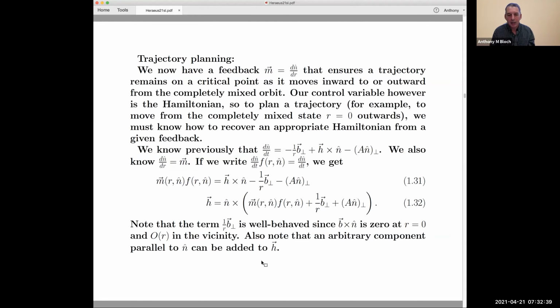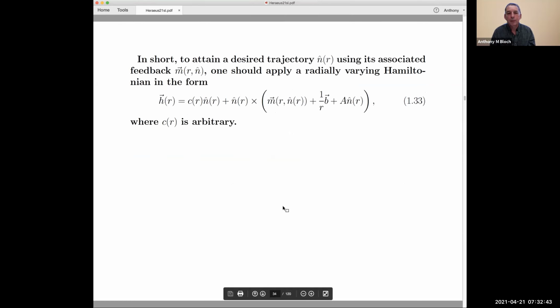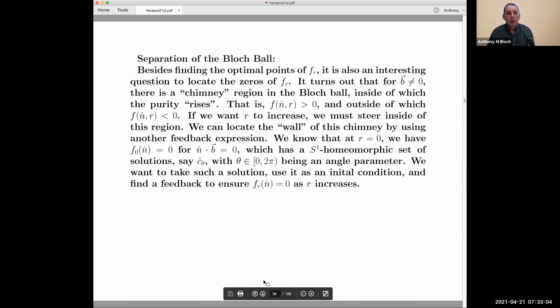You can find what that looks like, and what you can show is that the Hamiltonian with the given feedback looks like this expression 1.33 here. So this is the Hamiltonian that you can act on, and once you've applied the correct feedback, the system will evolve in an optimal direction. So that's basically the idea in this two-dimensional setting.